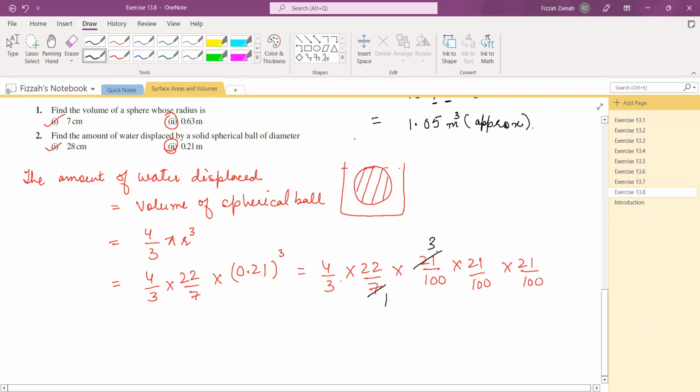So let us try to reduce it. 7 into 3, and then this 3 will get cancelled out. Is there anything else we can do? No, I think we should not disturb the rest of the hundreds here. So again, this is 88 into, what is 21 into 21? Ma'am, 441. 441, okay. Good. Now do this multiplication of the numerator, all of you.